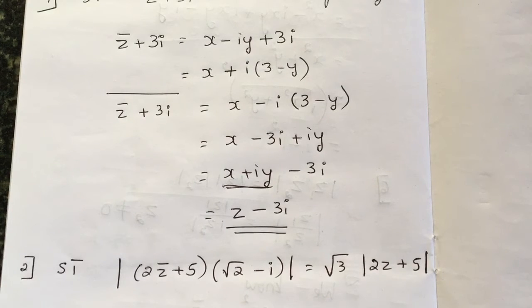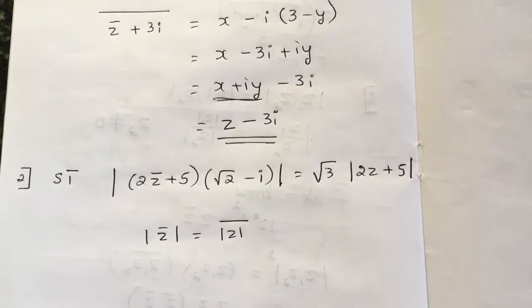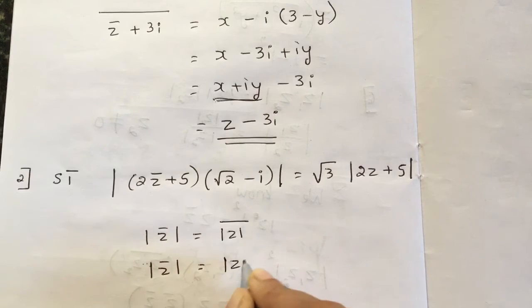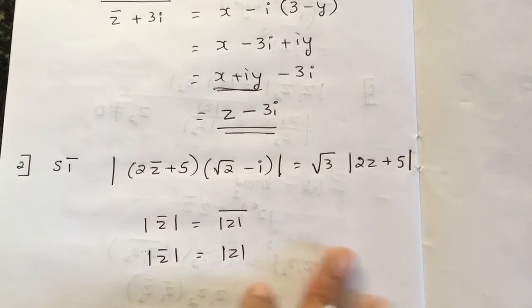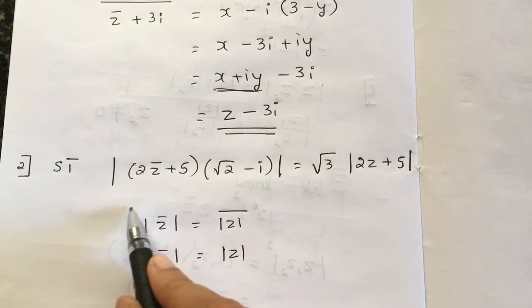See, now you observe one thing here. We know modulus of z bar is same as mod z its bar. And one more thing is there. This is same as modulus of z. You can take any example for z and you can try this.